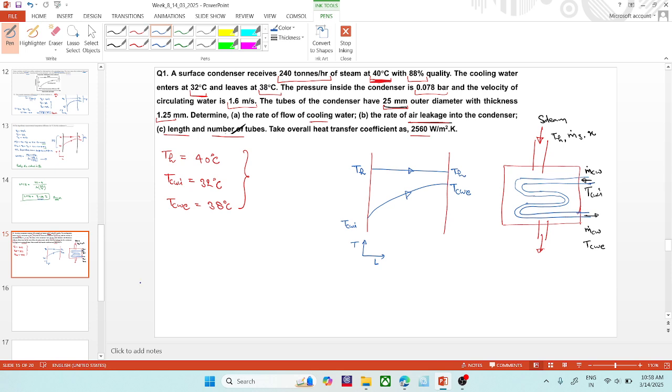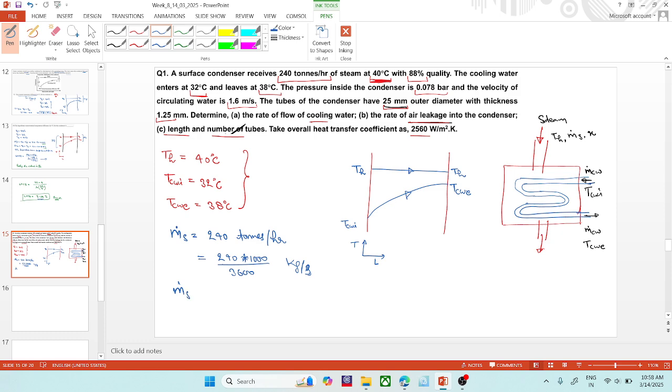The mass flow rate of the steam, m dot s, is provided as 240 tons per hour, which would essentially be equal to 240 into 1000 divided by 3600 kg per second.